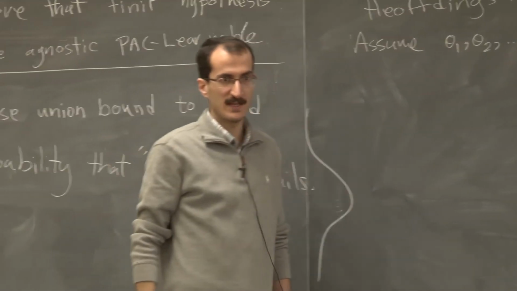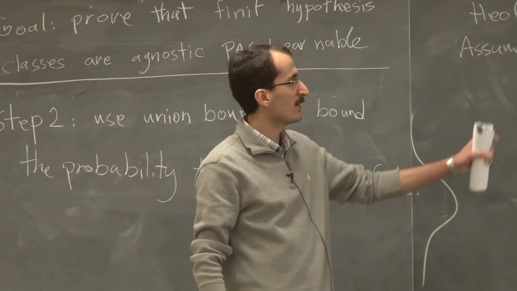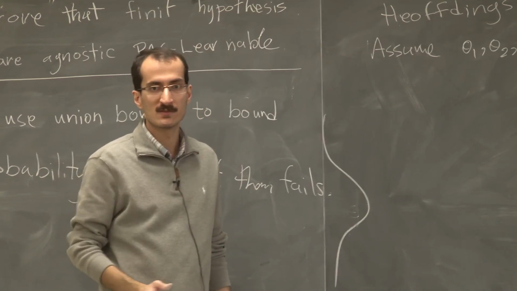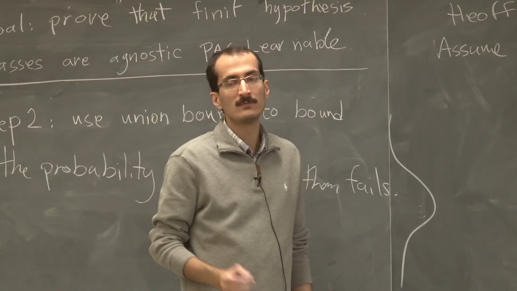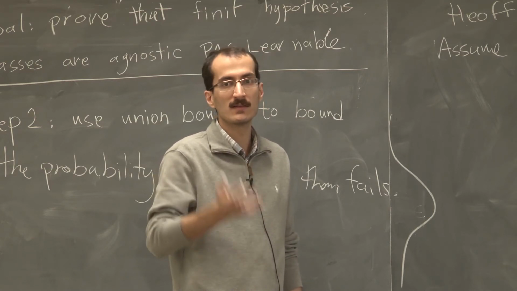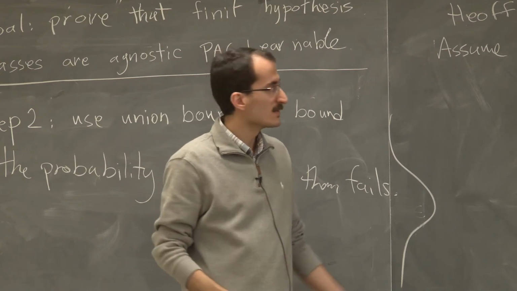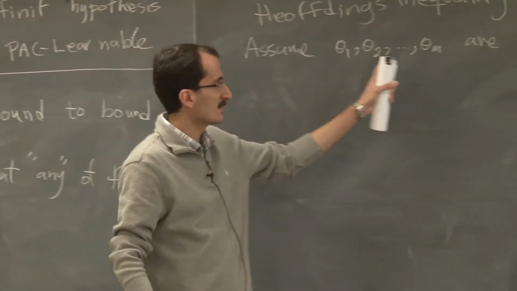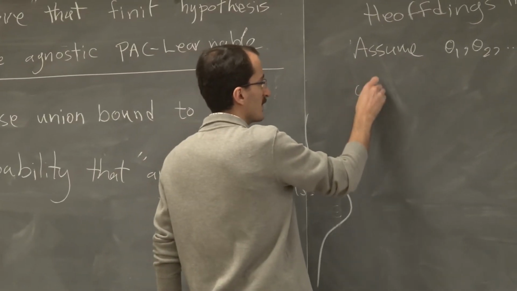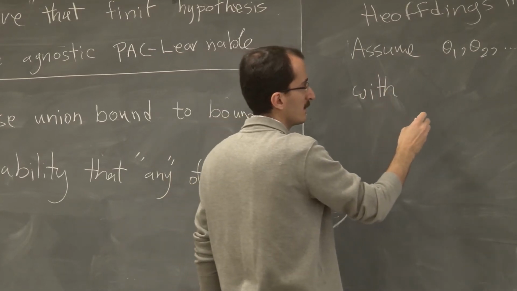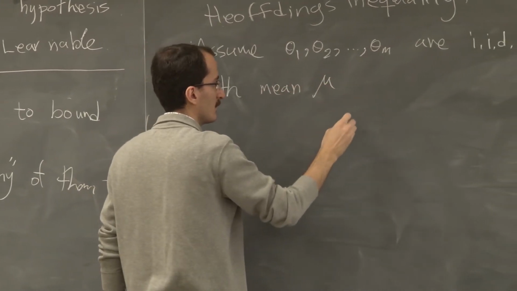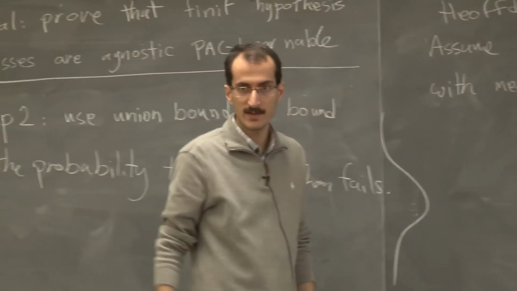Let's assume that we have some IID random variables. They could be the result of coin flips, where sometimes they're heads, or maybe a more continuous version, like the height of different buildings, or different things. But the important thing is that they are IID from the same distribution. Because they are IID, they have the same mean.